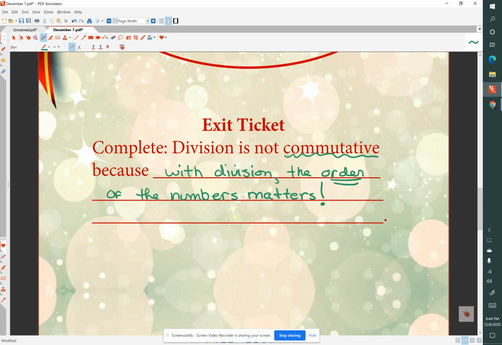And just to give you a simple illustration of that, if I had 8 divided by 4, that would equal 2. But if I had 4 divided by 8, that would only equal 1/2. I don't get the same answer. So division is not commutative.